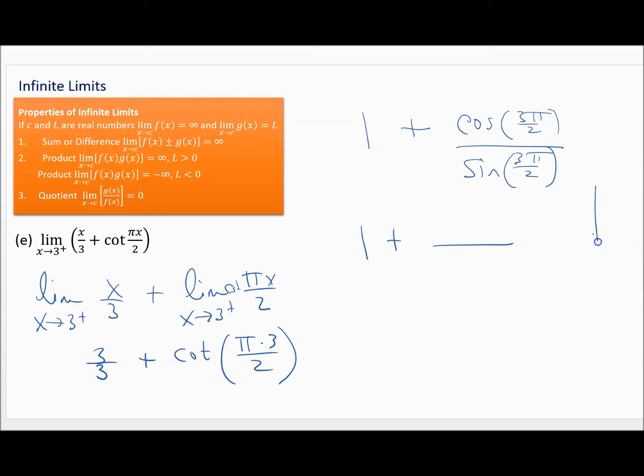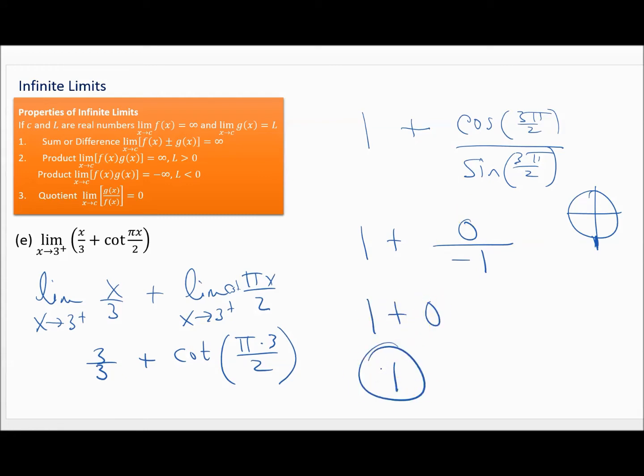Now, remember where 3 pi over 2 is. That's down here. Cosine is the x value around the unit circle. So the cosine is 0 divided by the sine of 3 pi over 2. And the sine right there is negative 1. So that's not an infinity at all. That would be 1 plus 0. So the answer is 0.